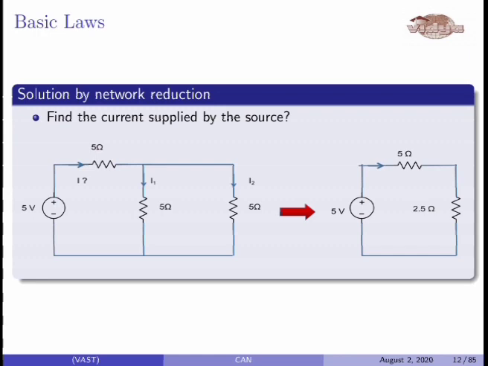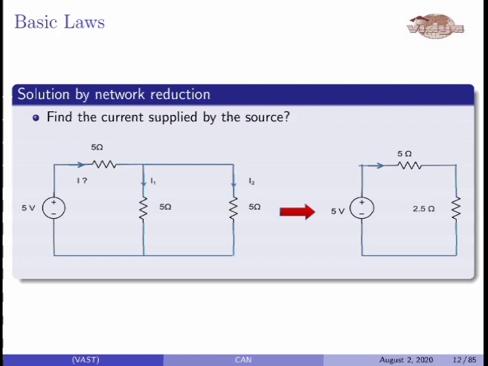The first method is network reduction. Here we know that there are two 5 ohm resistors that are in parallel. If two resistors are in parallel and their resistance values are the same, you can find the effective resistance. Or if two resistances R1 and R2 are in parallel, the effective resistance will be R1 R2 divided by R1 plus R2.